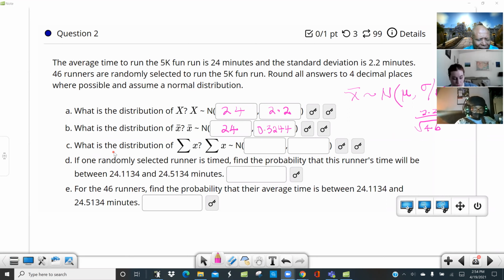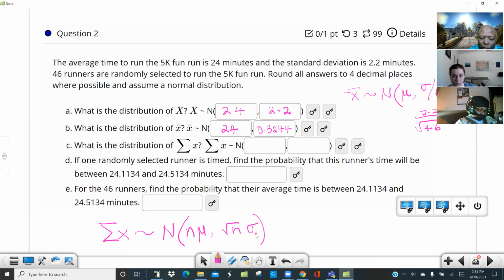Now part C says, what is the distribution of the sums? These sums also follow a normal distribution, but you change them accordingly.